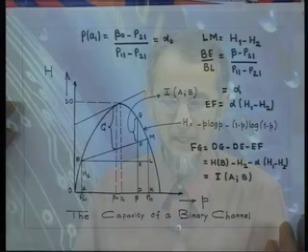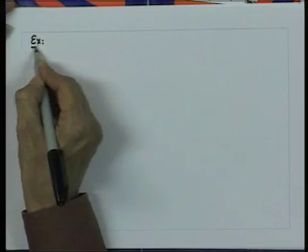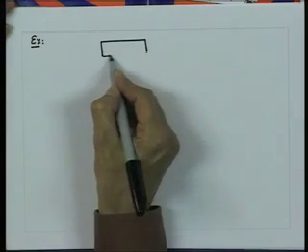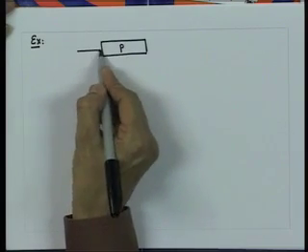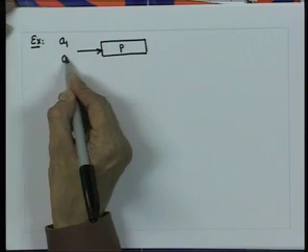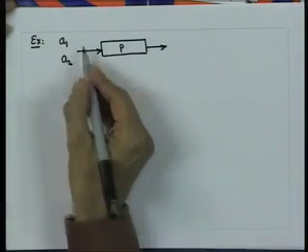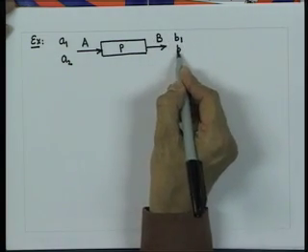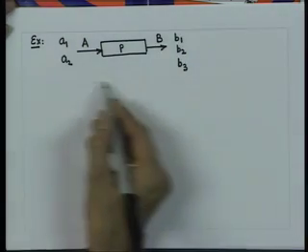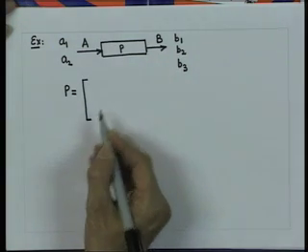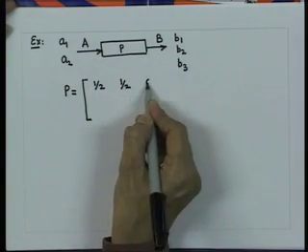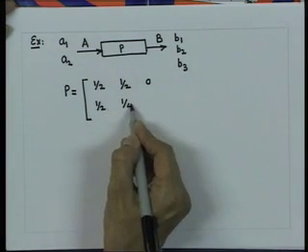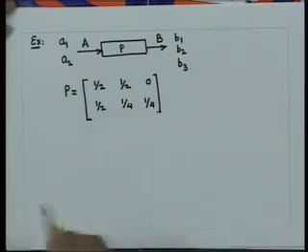Now, as a final example of our exercise in calculation of channel capacity, let us take a channel with input alphabet consisting of two symbols A1 and A2 and output alphabet B consisting of three symbols B1, B2, B3 with the channel matrix given as half, half, 0; half, 1/4 and 1/4.